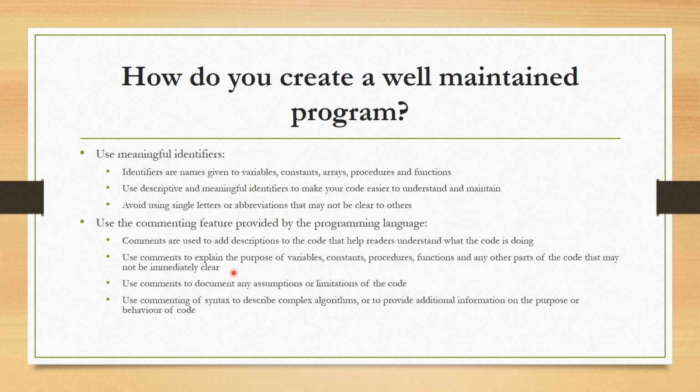Use comments to explain the purpose of variables, constants, procedures, functions, and any other part of the code that may not be immediately clear. Use comments to document any assumptions or limitations of the code. Use commenting of syntax to describe complex algorithms or to provide additional information on the purpose or behavior of a code.